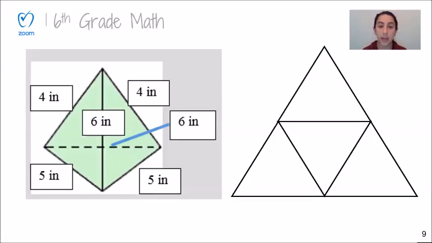I see that blue line 6 points to the top of my base, so I can label that as 6. I notice also that 5 inches are the other 2 sides of my base. So I label my base with the side lengths 6, 5, and 5. Make sure you have this down on your paper in the next 10 seconds.